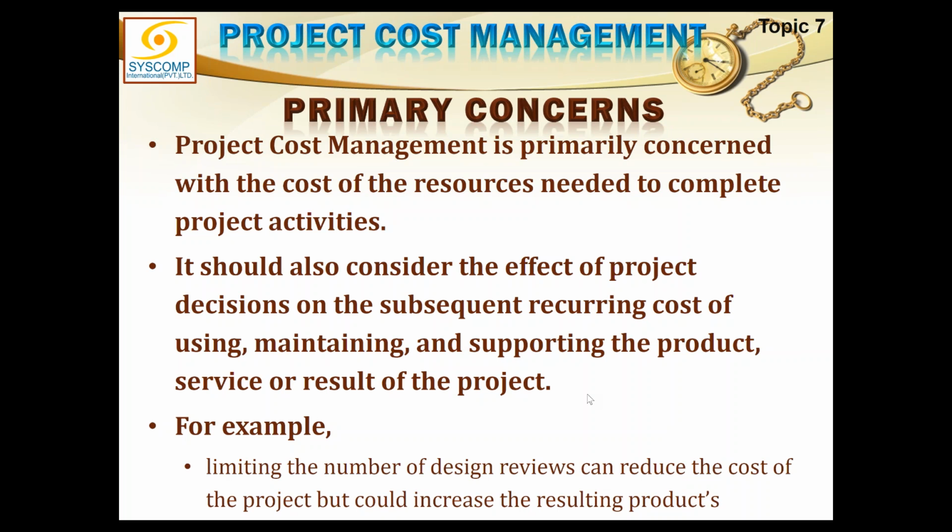So we should be concerned not only about how much we are spending on the project, but also about the way we are doing it, how much the operating cost is going to be, and how we are going to maintain it in future. Maybe there are certain solutions which are very cheap in outlook, but later on they are very expensive to maintain. So these decisions are also to be considered.